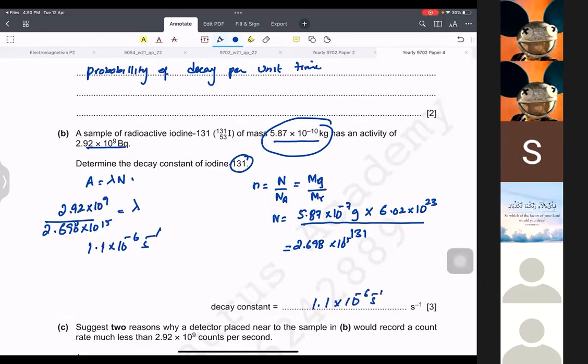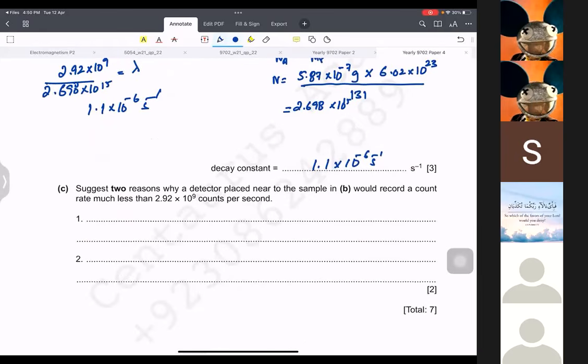Pretty simple, right? Now, suggest two reasons why a detector placed near the sample would record a count rate much less than this counts per second. There can be many reasons, okay? One of the points is that there could be something wrong with the detector.